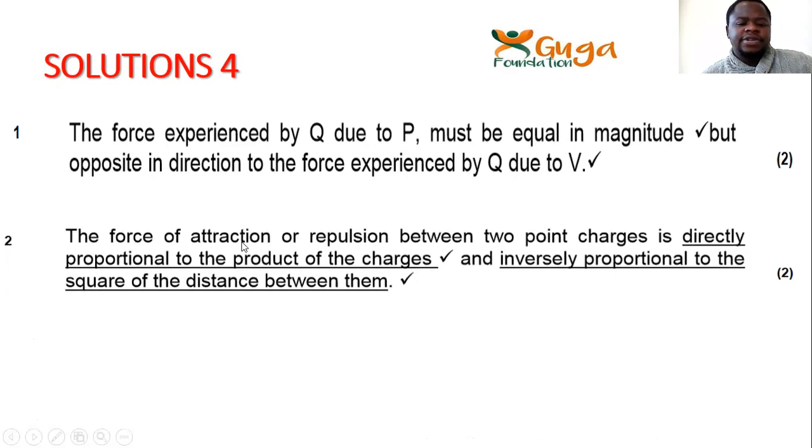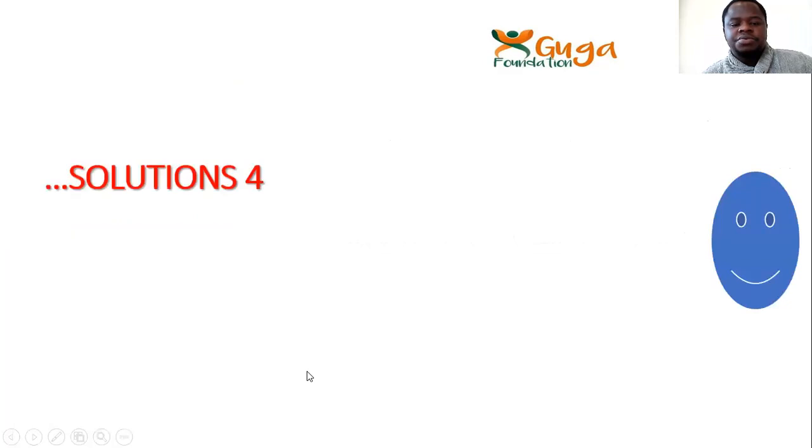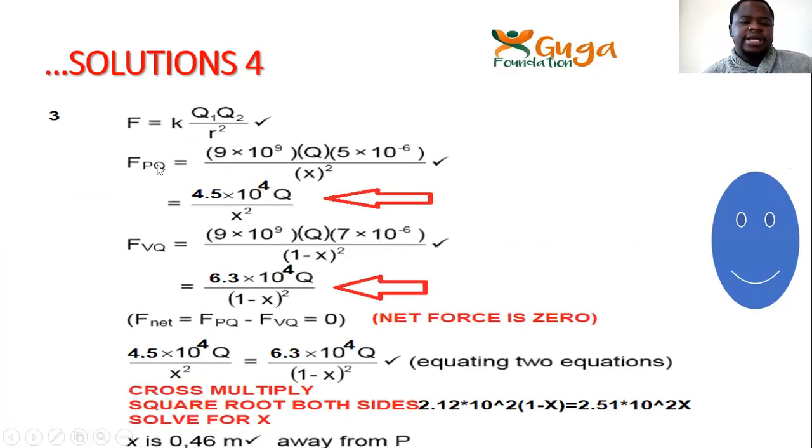And now the force of attraction or repulsion between 2 point charges is directly proportional to the product of the charges and inversely proportional to the square of the distance between them. That's Coulomb's law. So now on number 3, we are saying that force is equal to k Q1 Q2 over r squared. Now you put your 9 times 10 to the power 9, and Q, here you've got 5 times 10 to the power negative 6.